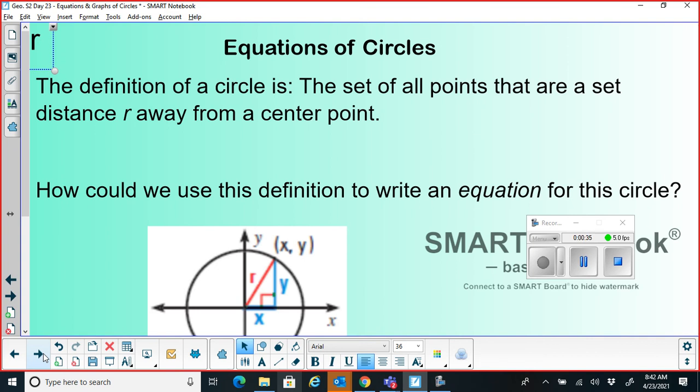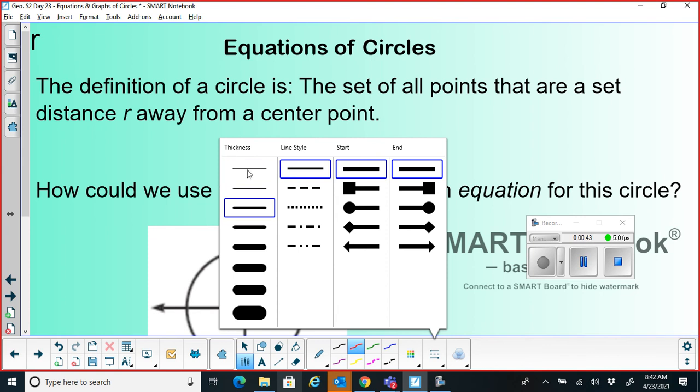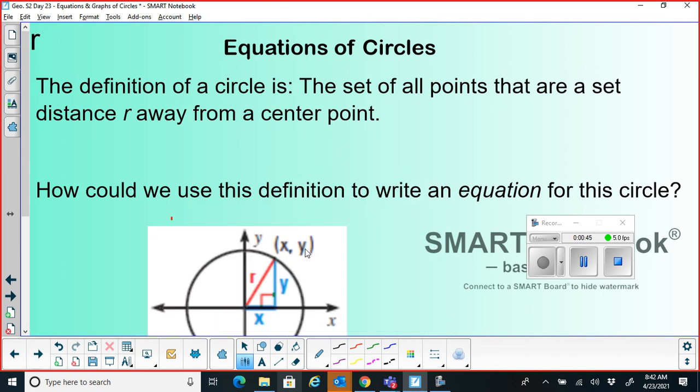Let's see this particular right triangle. If I have a point x comma y on the circle, then it should satisfy this.